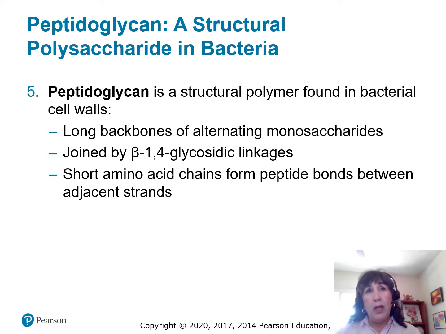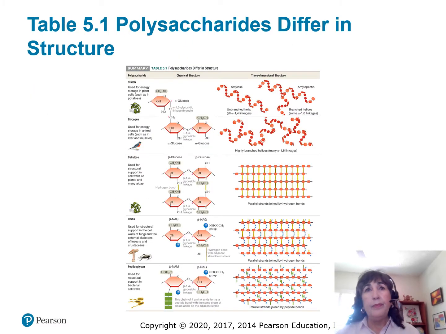So peptidoglycan is another structural polysaccharide or polymer that makes the cell walls of bacteria, and it's made with beta 1,4-glycosidic linkages. I love the table, and the diagram is much better in your book than projected on this slide, but it gives an overview of everything that we discussed.